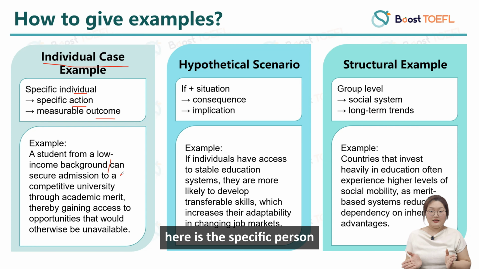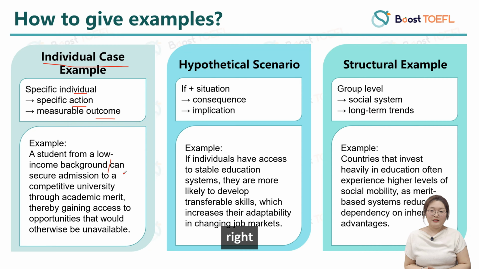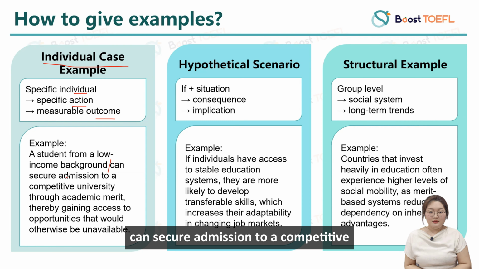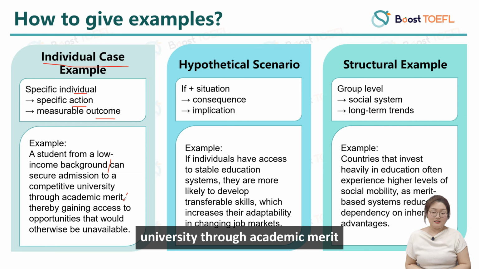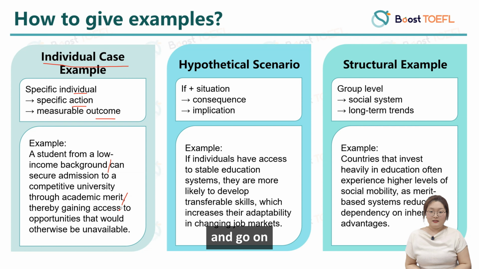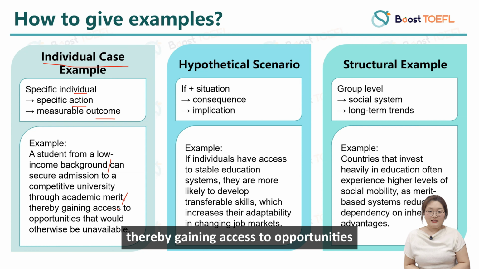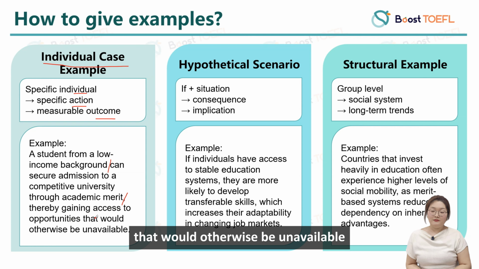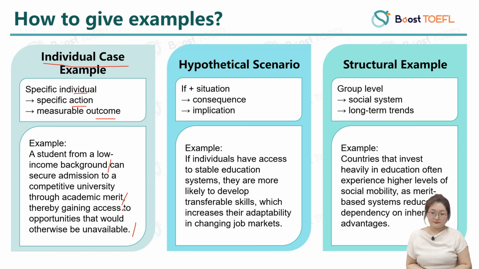Here is the specific person, right? Can secure admission to a competitive university through academic merit. And here we have a very specific action. And go on, thereby gaining access to opportunities that would otherwise be unavailable. And here is the measurable outcome.